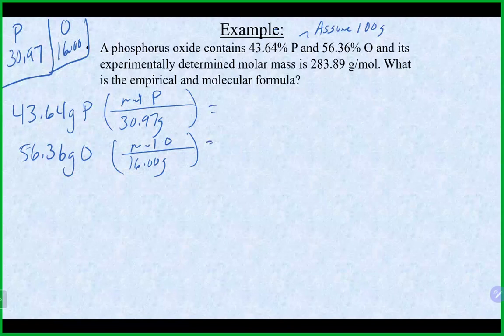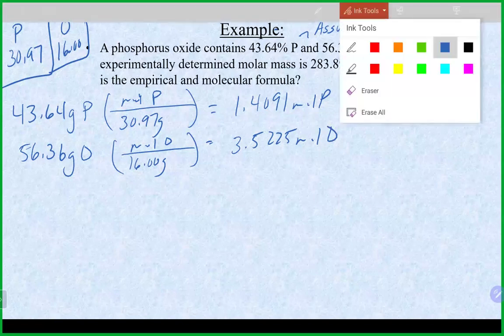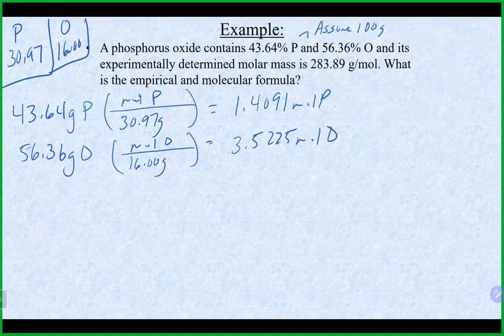That gives us the moles of each: 43.64 divided by 30.97 is about 1.4091 moles of phosphorus, and 56.36 divided by 16 is 3.5225 moles of oxygen. At this point, we are going to divide by the smallest, which is phosphorus in this case, 1.4091.